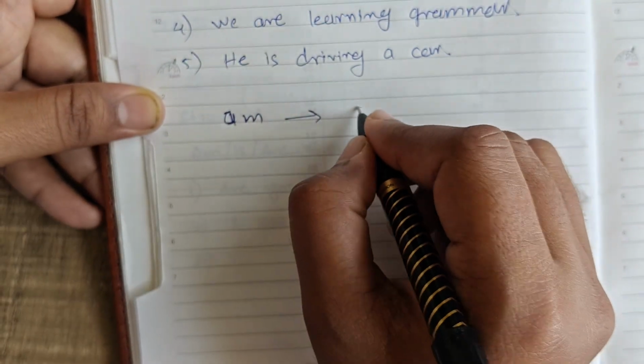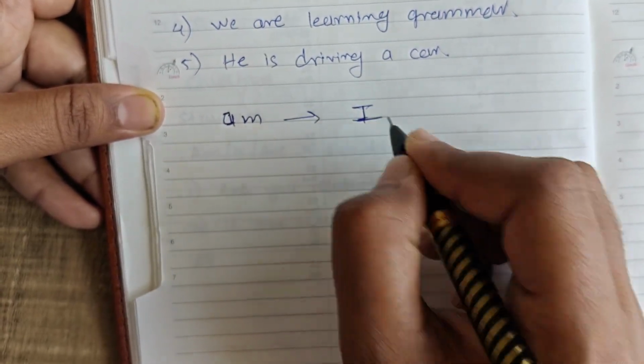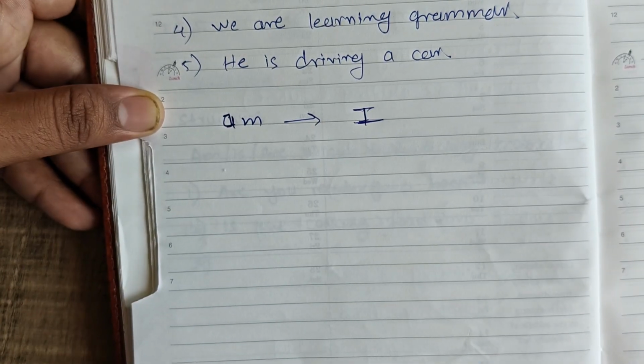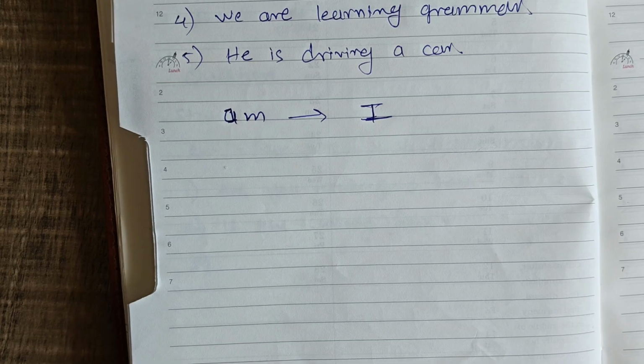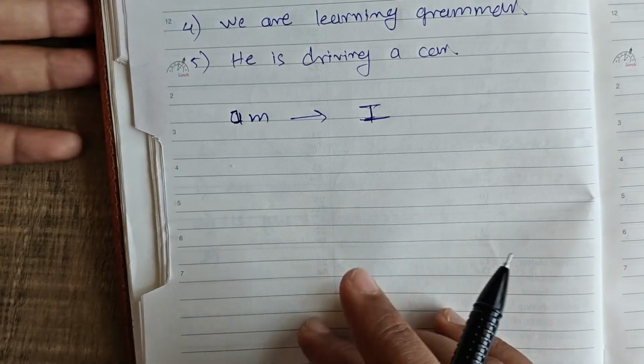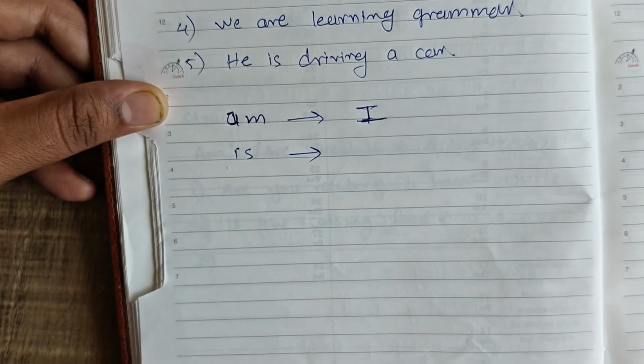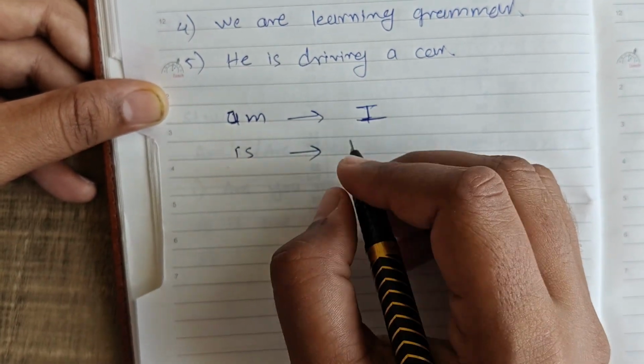Am is always used with I. When the subject is I, then we will always use am with I in any sentence, negative, positive, or while asking the question as well. And is comes along with singular subjects like it.